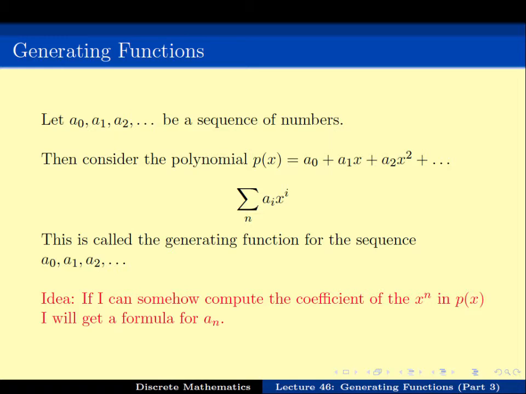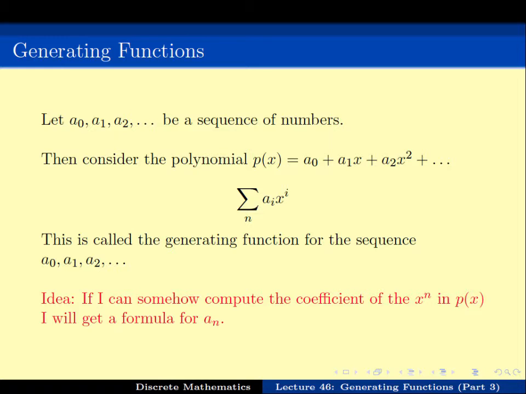We will be solving the Tower of Hanoi using generating functions. In the next video, we will be seeing how to apply generating functions to get the formula for Fibonacci numbers.